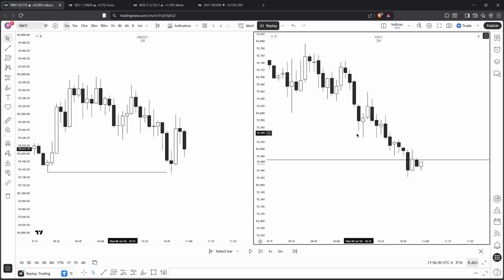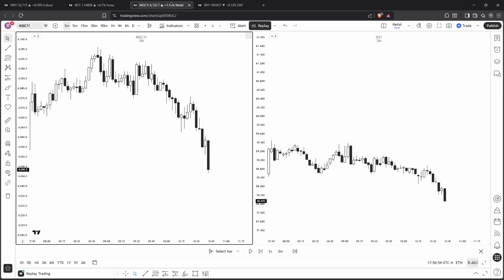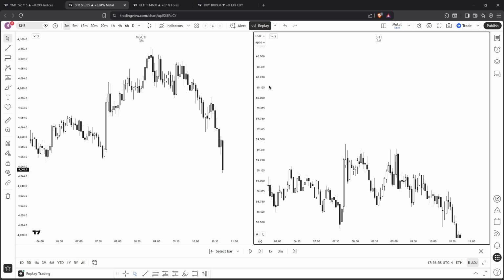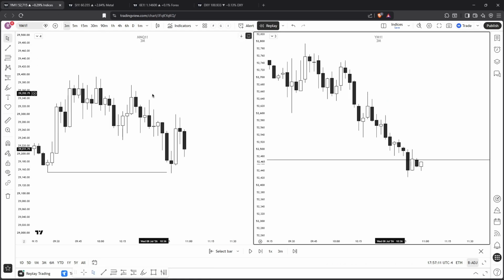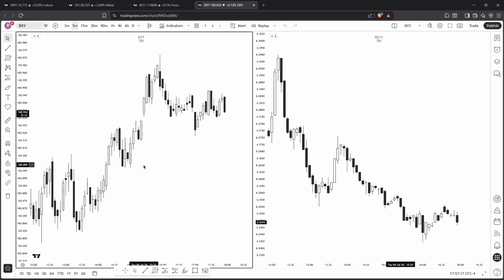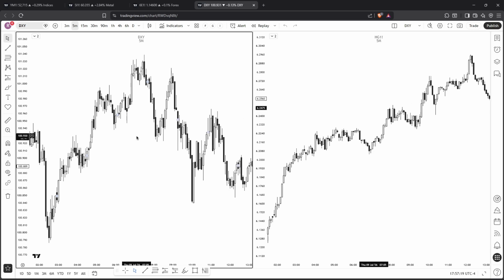So look, I have YM dumping, gold going fast to the downside and silver going to the downside. And I have intermarket sequential SMT right here between silver and gold. So the metals triad was going to the downside, the other indices were going to the downside, and the DXY by that time was going up.